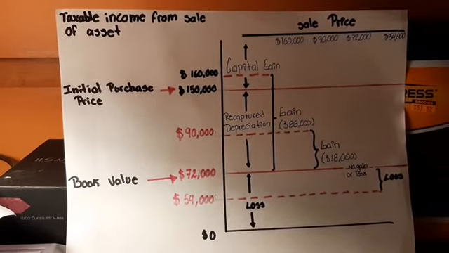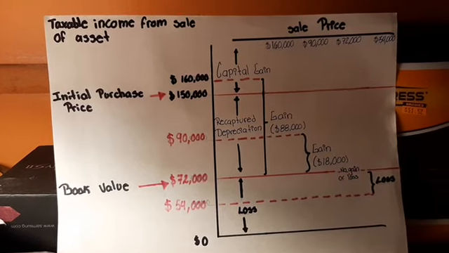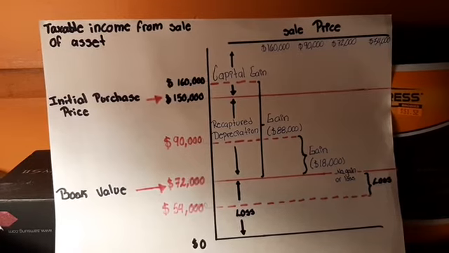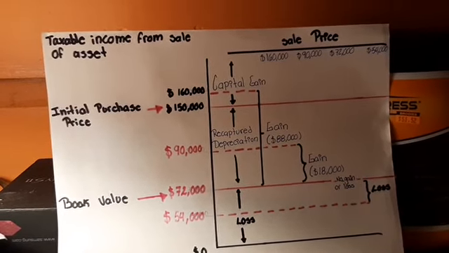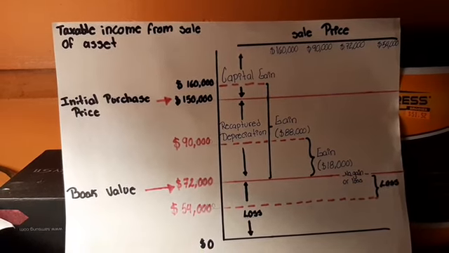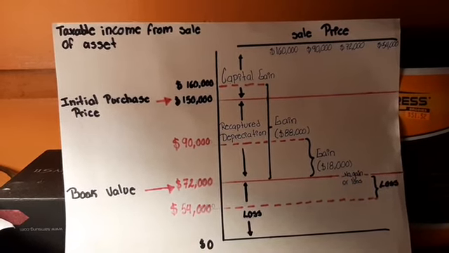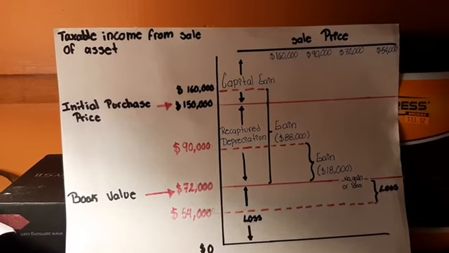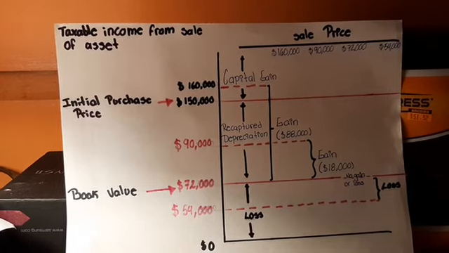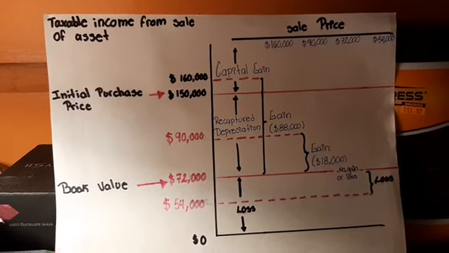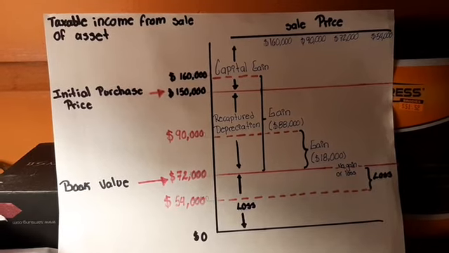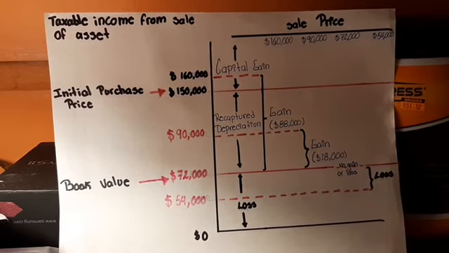Because the firm is assumed to be in the 40% tax bracket, the taxes on the 18,000 gain are 7,200. How do we get this? We multiply 0.40 by 18,000.